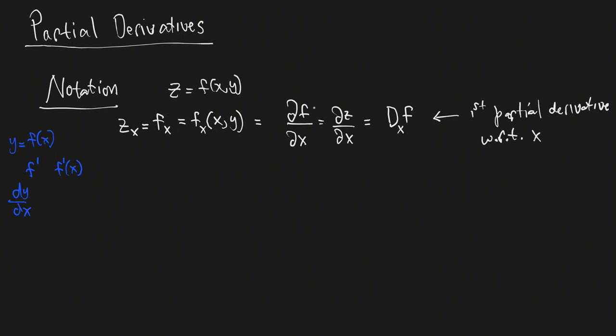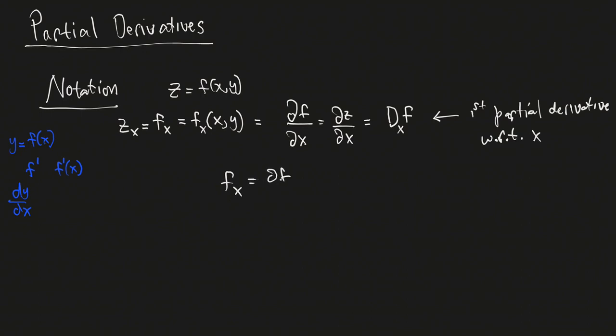And then obviously all of these can be translated over to the first partial with respect to y. Everywhere I see an x, I would just change it to y. So I'm not going to rewrite the entire list. I'm going to focus on the two notations that we will use the most, right? And it will be this one and this one. Again, the f and the z are easily interchangeable. So we'll use this a lot, right?